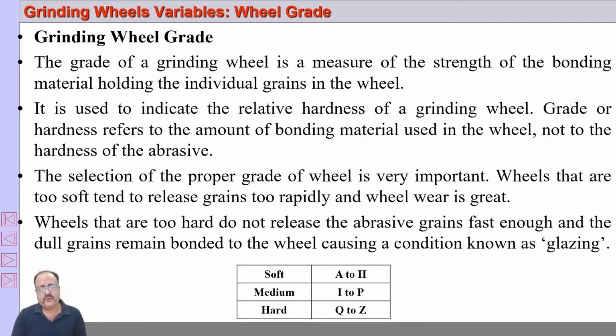Whereas a soft wheel will release the abrasive very easily. However, the wear is very high in softer wheels, whereas the wear is less in harder wheels. So softer wheels are normally used for machining hard materials, whereas hard wheels are normally used for machining soft materials.